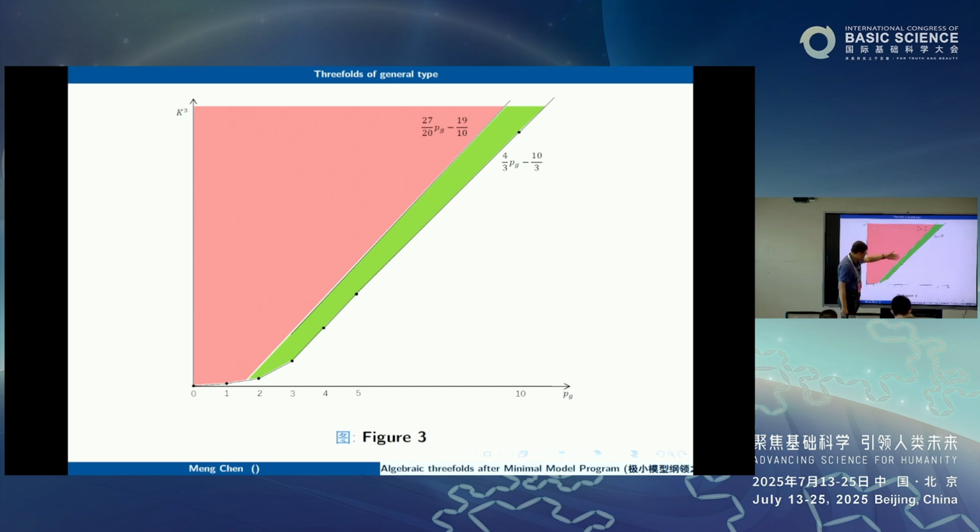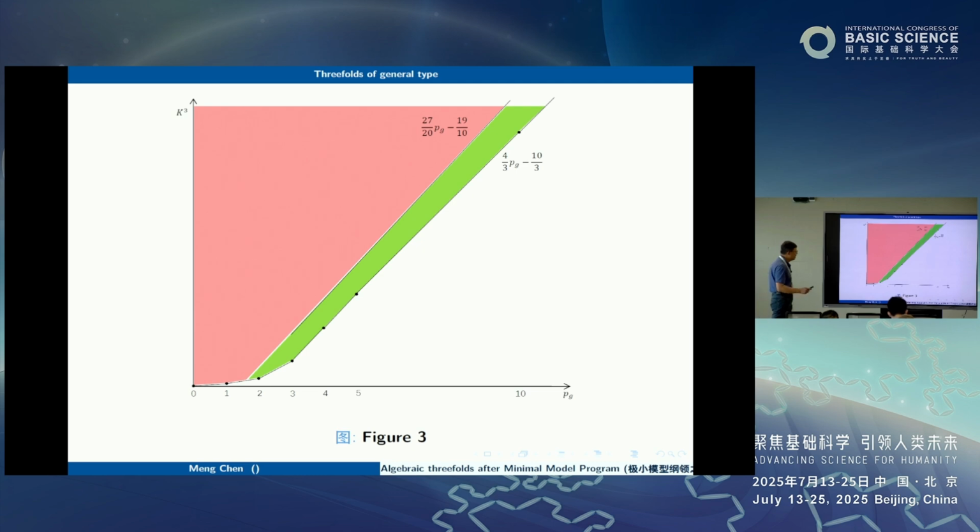Their construction is the so-called toric bundle method. Because we have proved that any threefold distributed in the green area is fibered by genus 2 curves, first they proved that all threefolds on the nodal line necessarily have some very refined property.